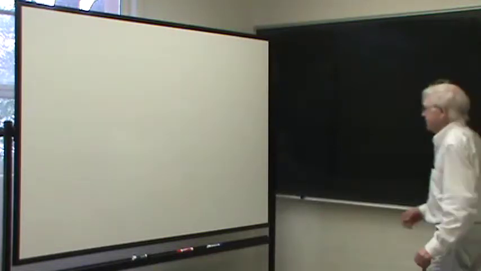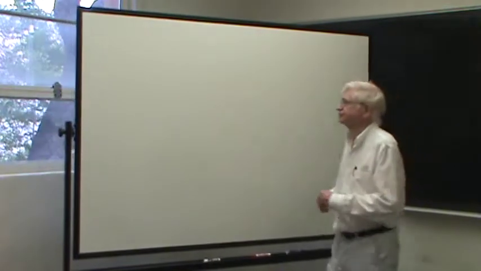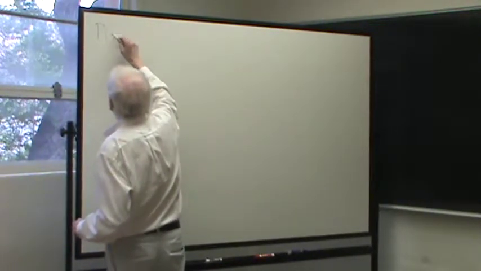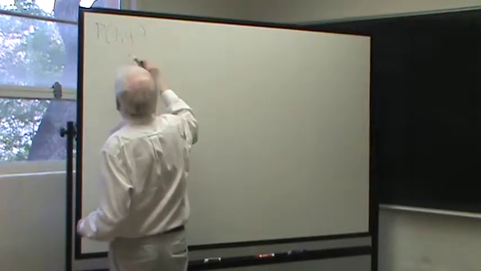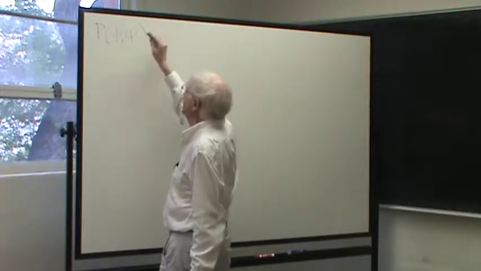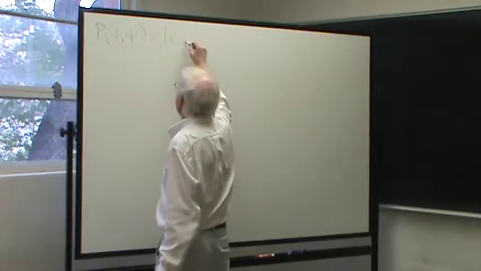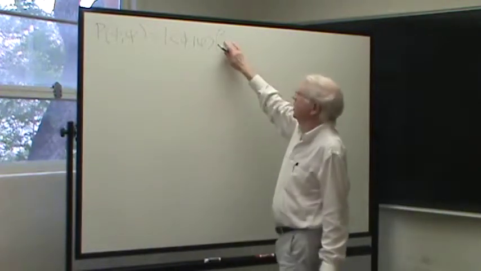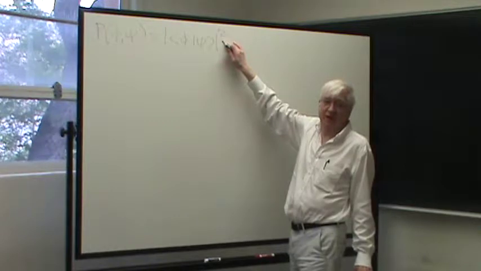I forgot to say something, namely that, you see, in quantum mechanics, we have the probability of some state of a system known to be in state psi being found to be in state phi, we say this is the absolute value of the inner product squared. What's not obvious is that it's squared.